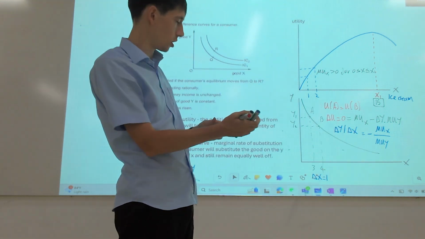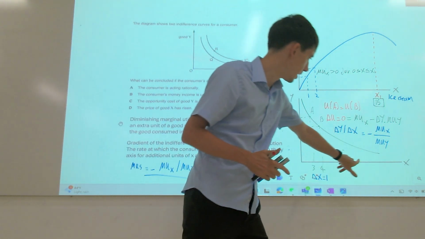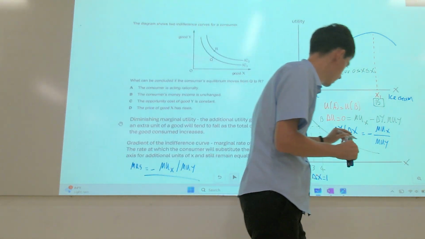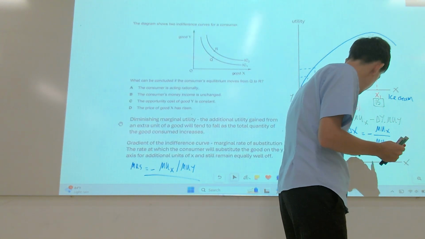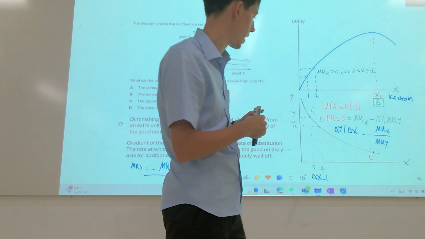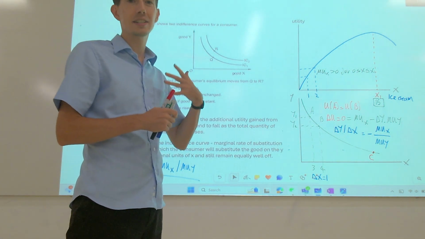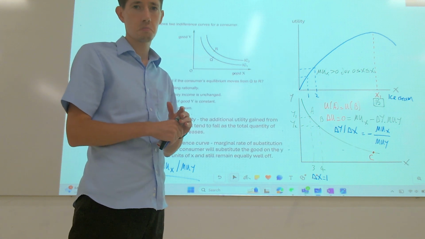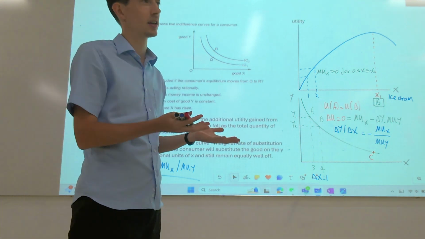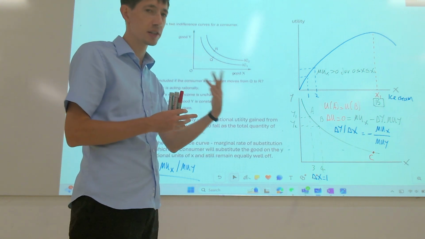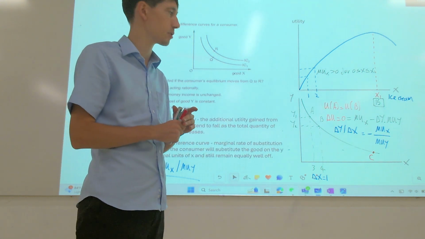So if we were operating way down here, we have lots of x and a small amount of y. Call it point C. If somebody offered you an additional unit of x, you might accept it, but only be willing to give up a very small amount of y in return.